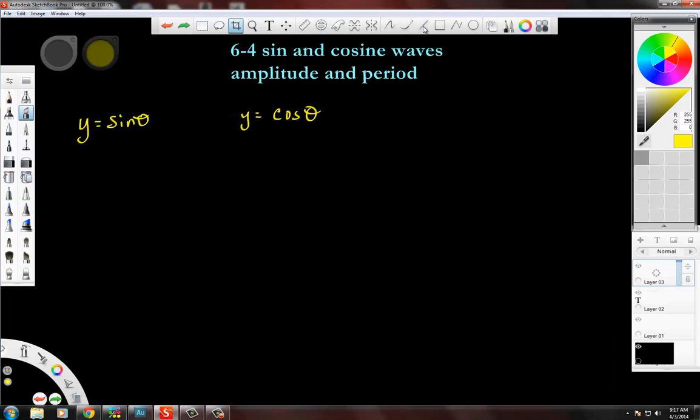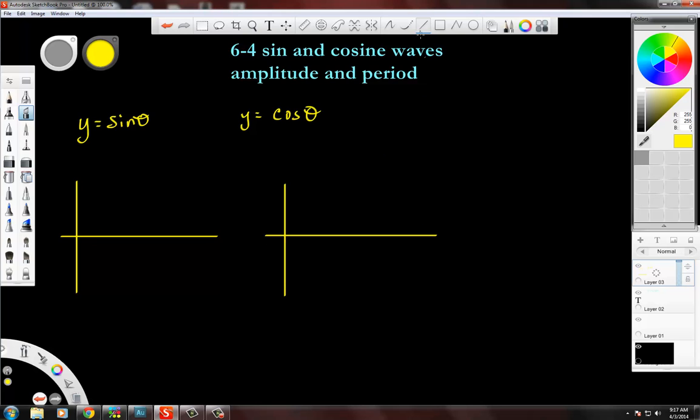And we've looked at their graphs. All right, so there would be that one and that one.